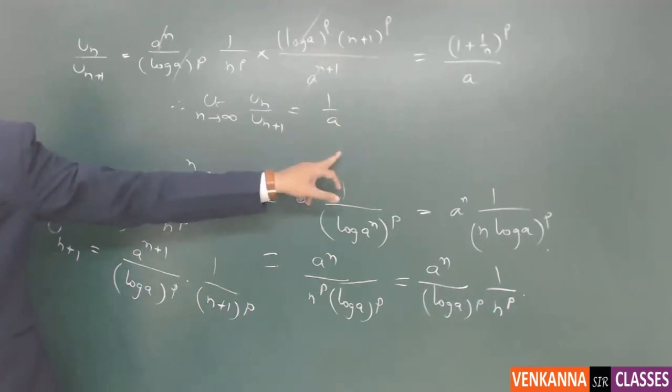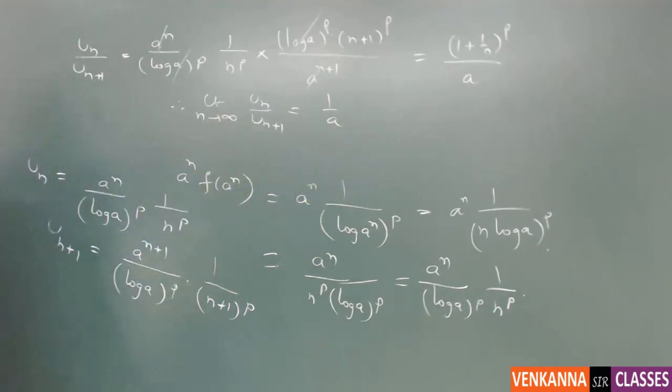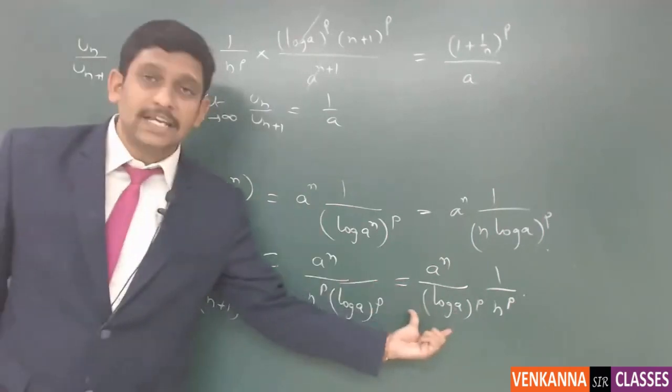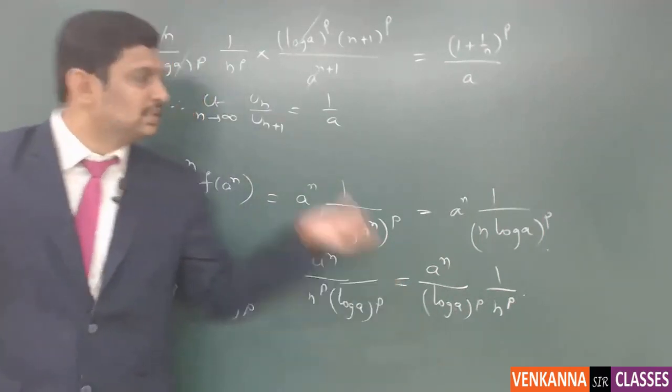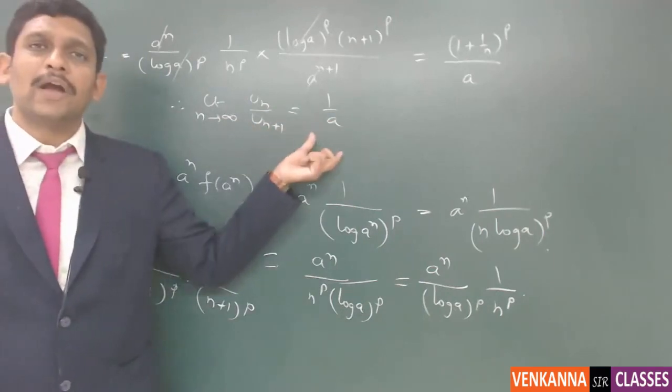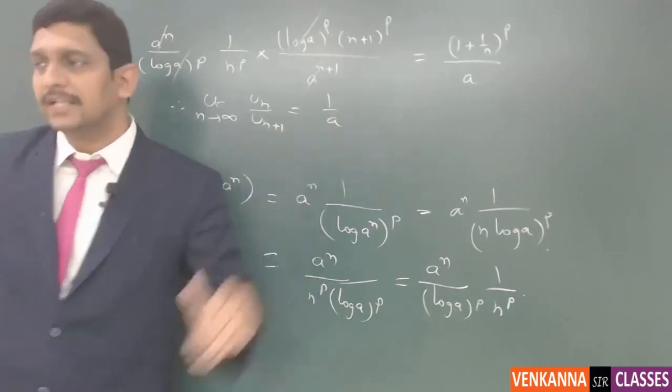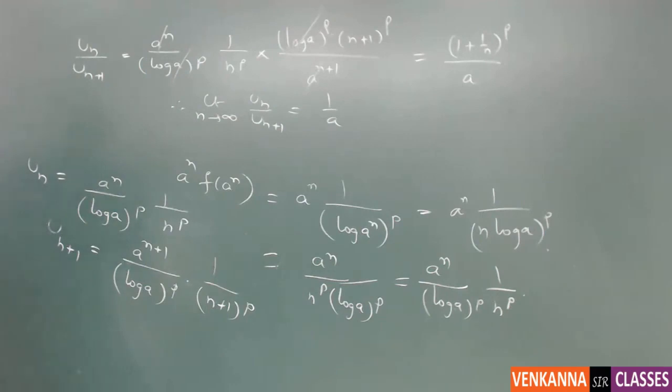Therefore, by ratio test, it is divergent. You can take a as any number greater than 1. So the solution is, since this series is divergent by ratio test, the given series 1 by log n whole power p is also divergent. That was the conclusion.